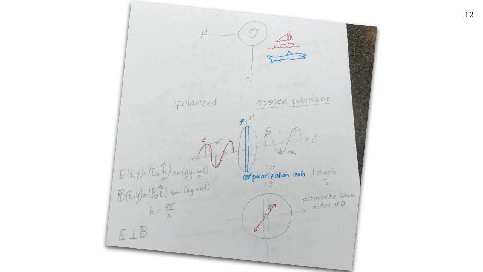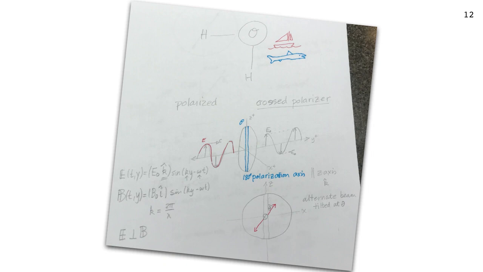Now, does this beam have a component that does scamper through the polarization axis? And the answer to that is yes, it does.